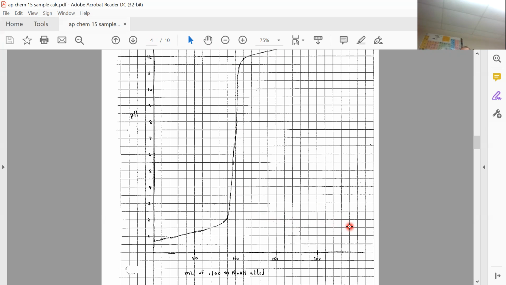So a strong base titrated with a strong acid would be kind of the inverse of that, with a very steep range when you are converting from base to acid, just like this is a very steep range in pH when you go from acid to base. It happens very, very quickly. All right, thanks for watching.